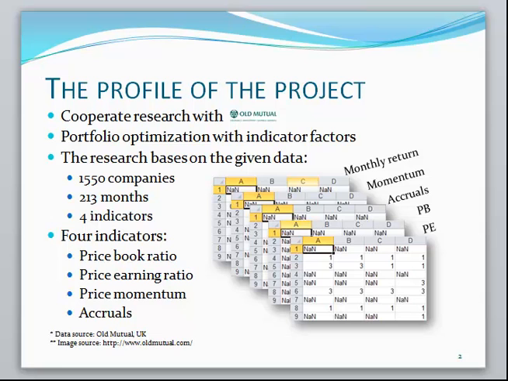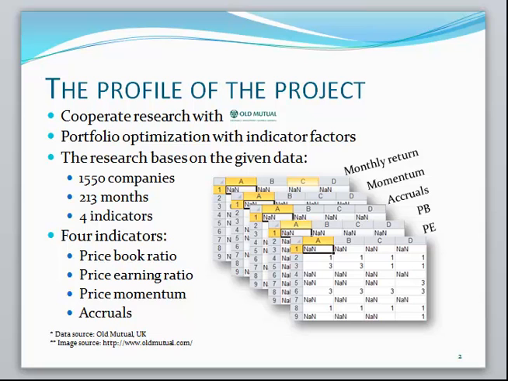In addition, 4 indicator tables which are the same size as the return table are given. Consequently, each return rate in the return table has 4 indicators associated with it.